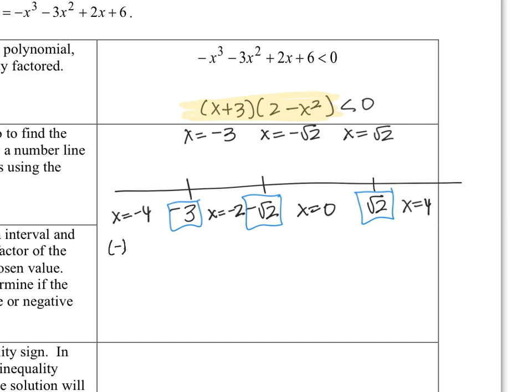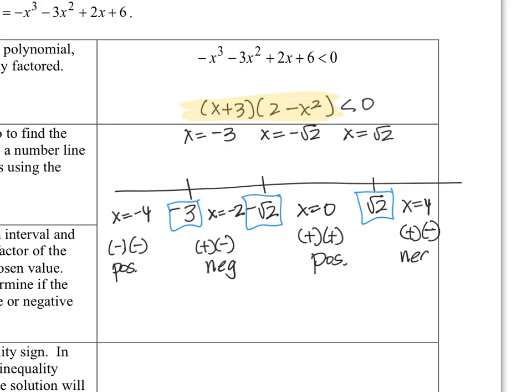The next one, that would still be a negative. So this is a positive. If I plug in negative 2 there, I would get a positive here and a negative, so this is a negative. If I plug in 0, this would give me a positive times a positive, which is a positive. And then if I plug in 4, I'd have a positive on the first one, a negative on the second one, so this is negative.